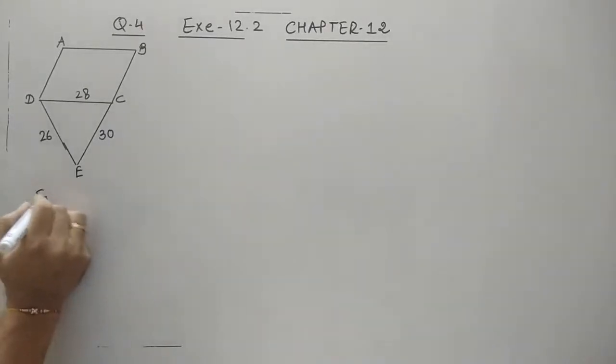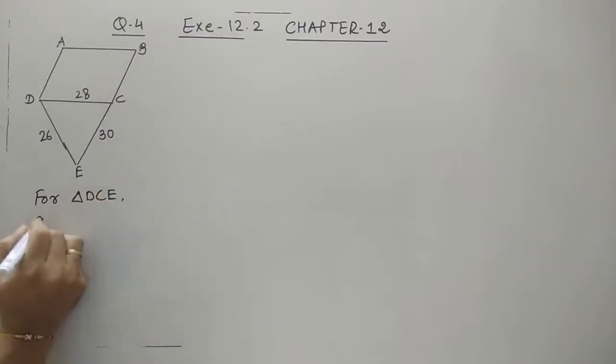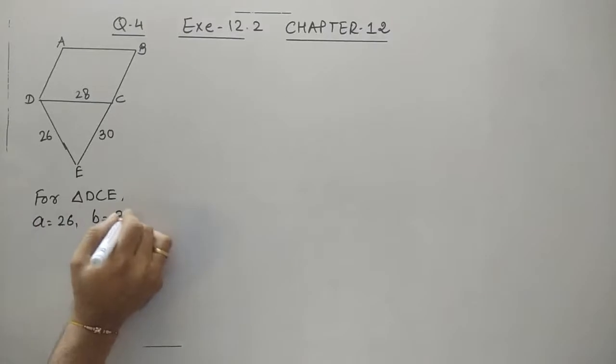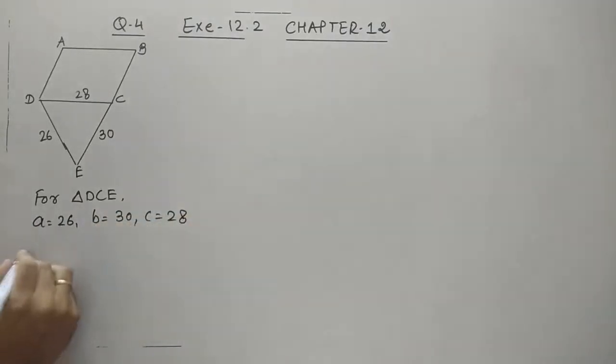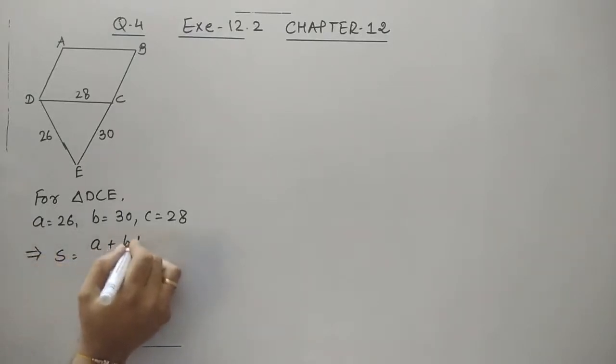Now let's first write for triangle DCE. A, that is 26, B, that is 30 and C, that is 28. First we need to find out the semi-perimeter, that is S. S is equal to A plus B plus C divided by 2.